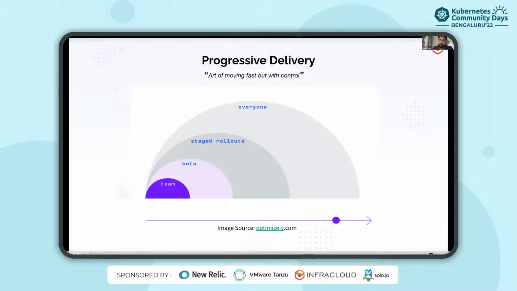It basically allows you to pursue continuous delivery in a quite safer way. And big giant companies like Google, Facebook, Microsoft, Amazon are already employing progressive delivery at scale.